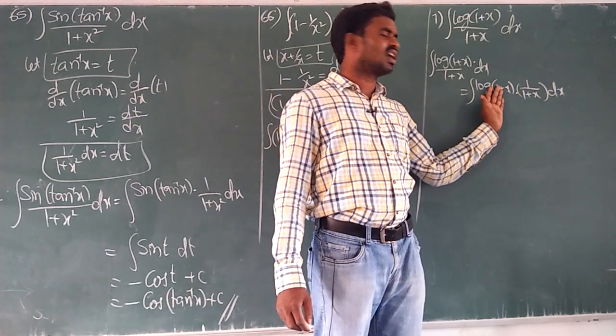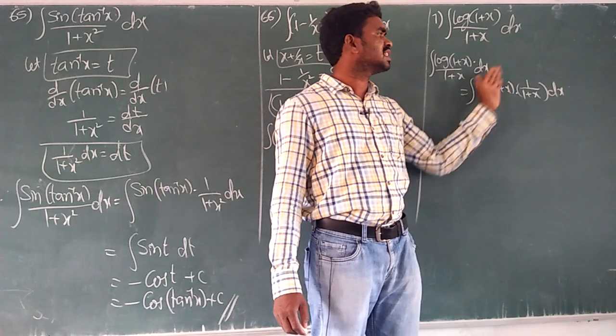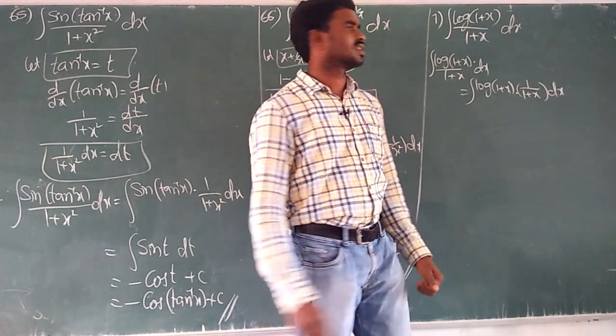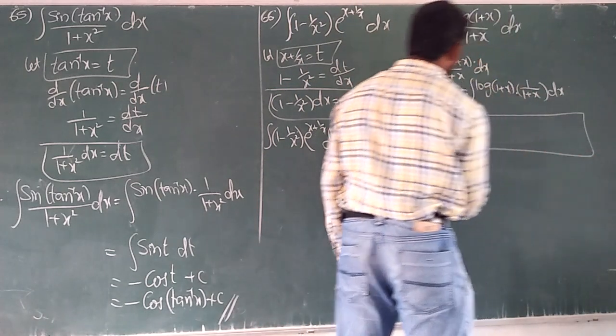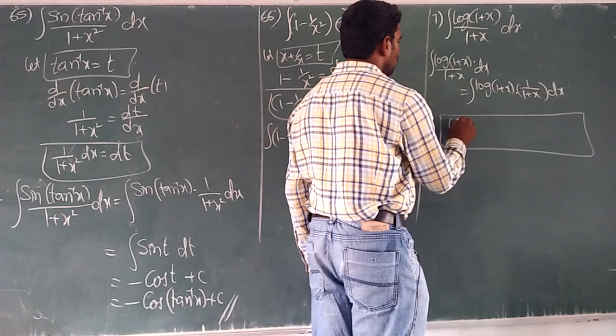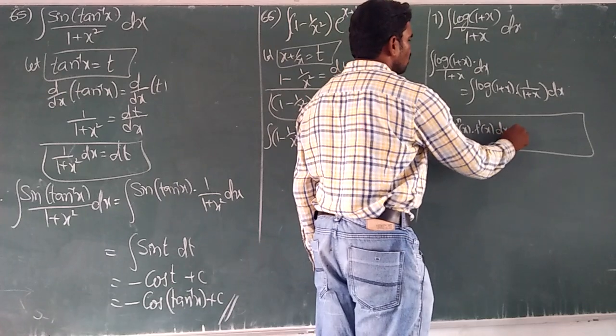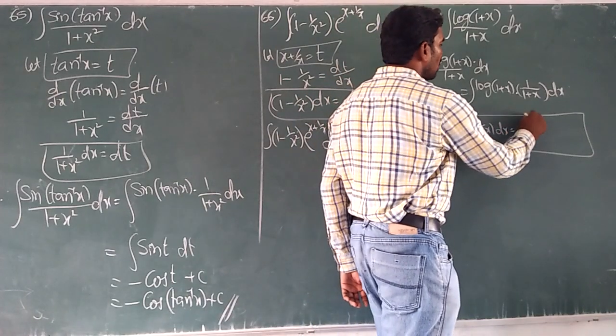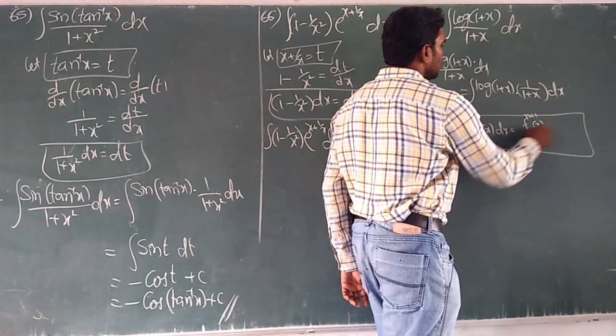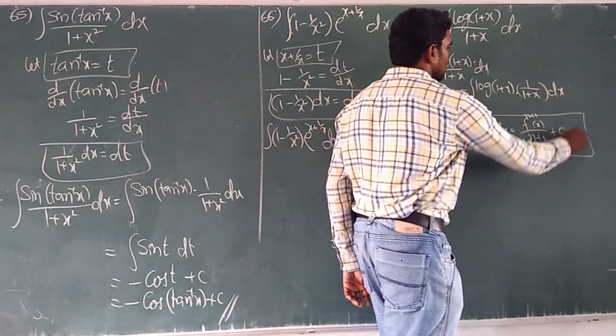So if you take this function, its derivative is 1 by 1 plus x. That means this is in the form of integration of f to the power n of x into f dash of x dx. The formula of this is f to the power n plus 1 of x by n plus 1 plus c.